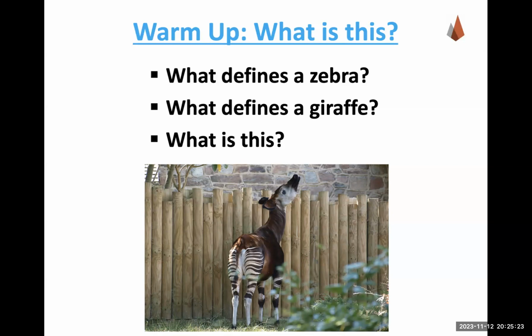It's also known as a forest giraffe, Congolese giraffe, or a zebra giraffe. And it lives in the Democratic Republic of the Congo in Central Africa. It is the only species in the genus Okapia. Although the okapi has striped markings reminiscent of zebras, it is the most closely related to the giraffe. So interesting.